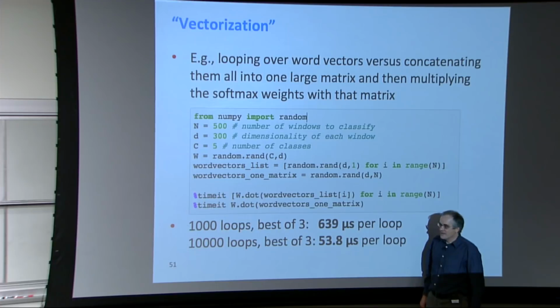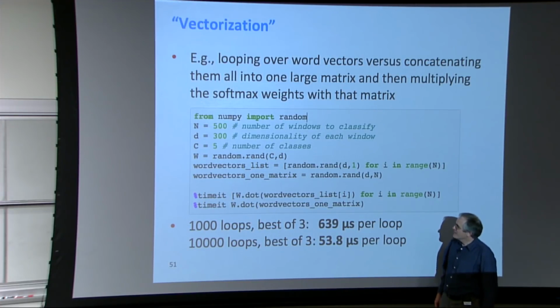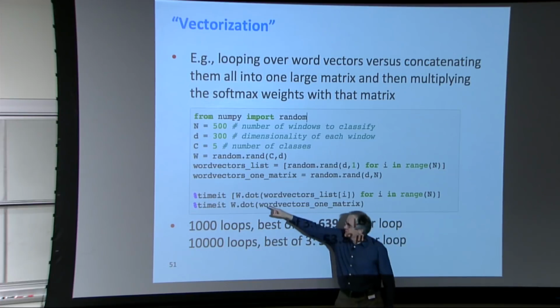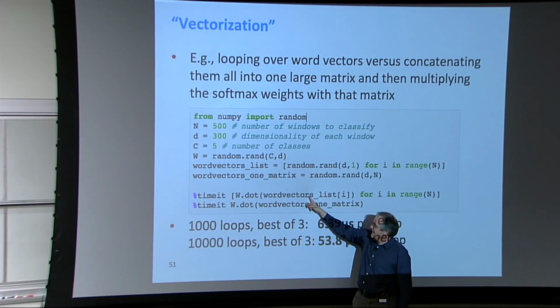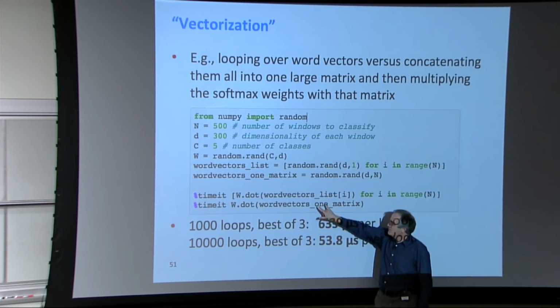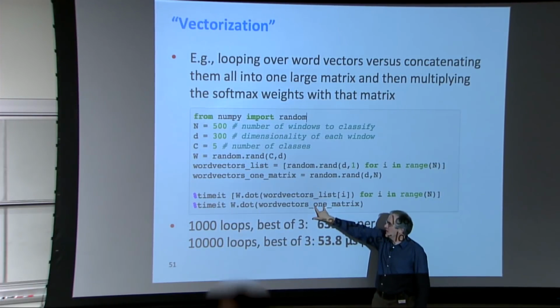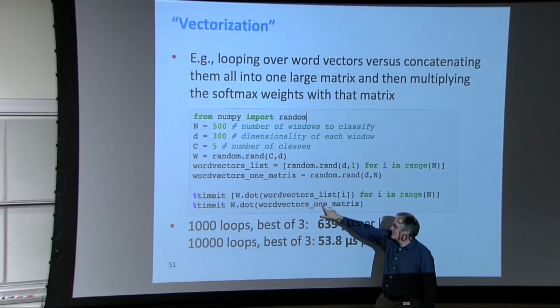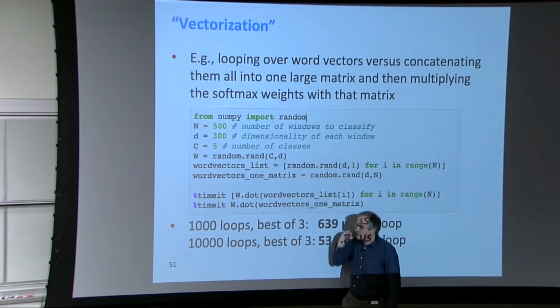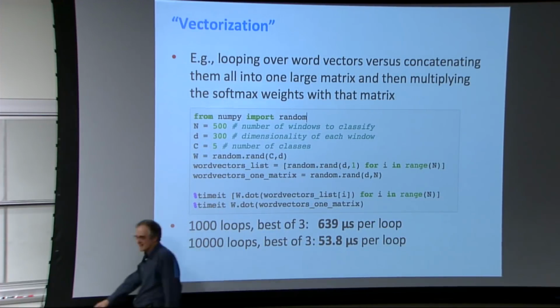But when we want to be clever people that are doing things fast, we say rather than work out this W dot one word vector at a time and do it in a for loop, we could instead put all of our word vectors into one matrix and then do simply one matrix multiply of W by our word vector matrix.